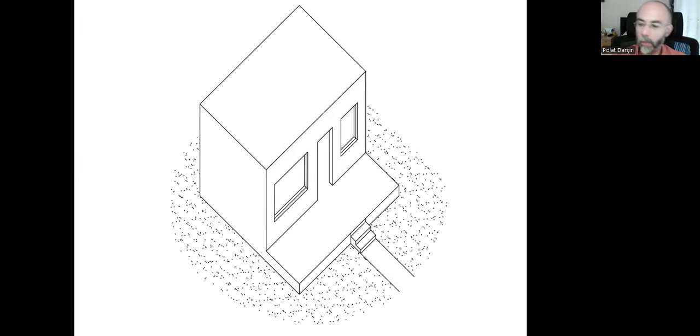How can we create a structural system so that this form will stay intact and not collapse under different forces, the vertical forces and the horizontal lateral forces? We need to design a structural system to hold everything in place.